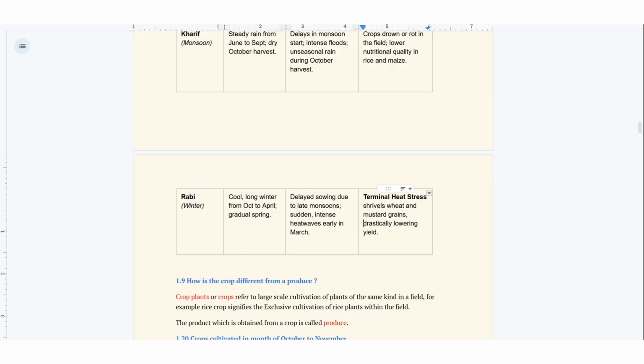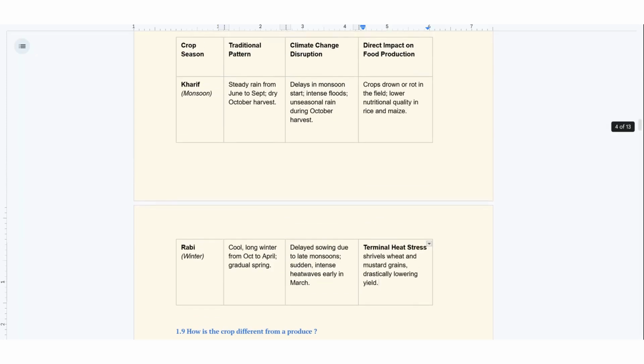Terminal heat stress on cereals, wheat, mustard grains, drastically lowering yield. So, what is the effect? So, baseline, you remember that if something does not fall in line, production will be less.